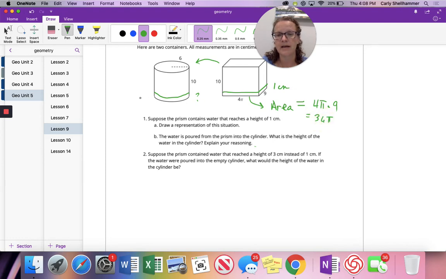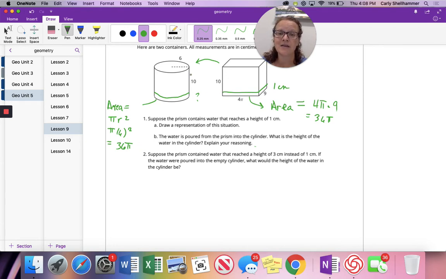Now, what is the area of the base here? Pi r squared, so the area of the base for both is 36 pi.